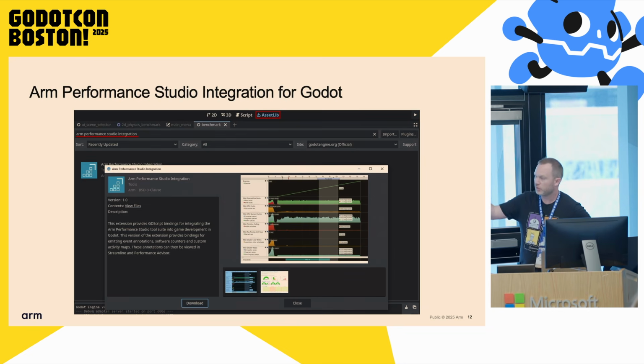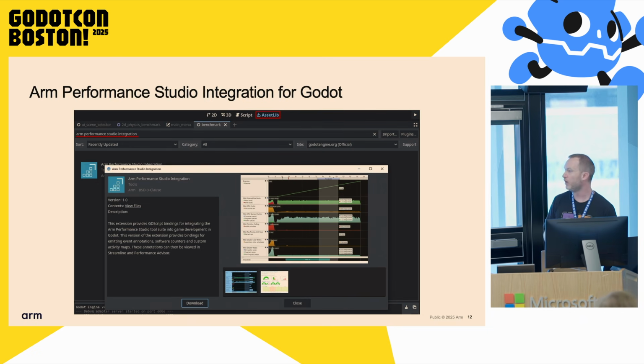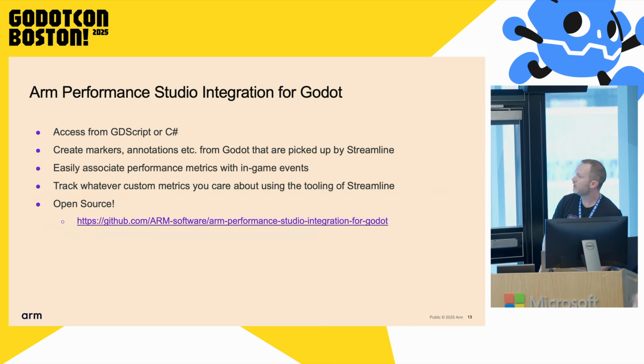If you search, you can just search ARM Performance actually in the asset library. You can grab this, download it, and then install it into your project. Put it in the addons folder, and then all the correct bits will be found. So you can access it from GDScript or C#. You can create markers, annotations.